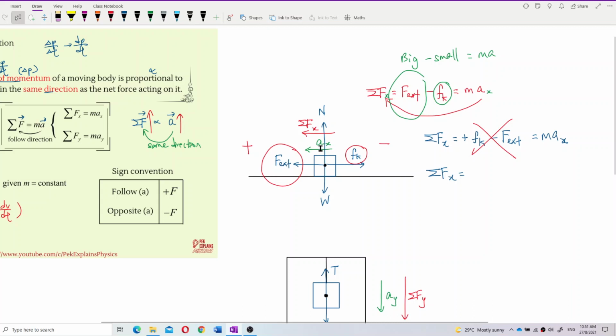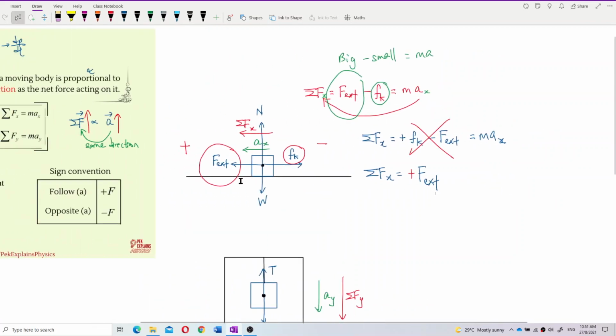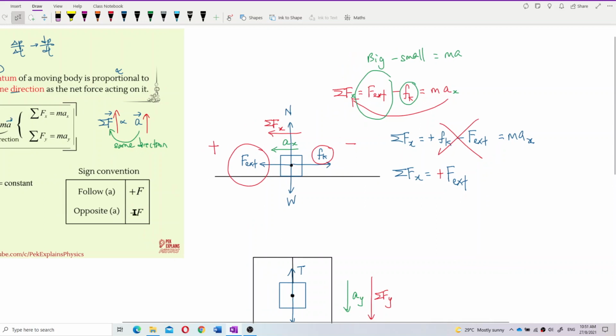So this external force should be positive. Now, which force is opposite the direction of acceleration? The friction. So this friction should be negative because it is opposite acceleration.